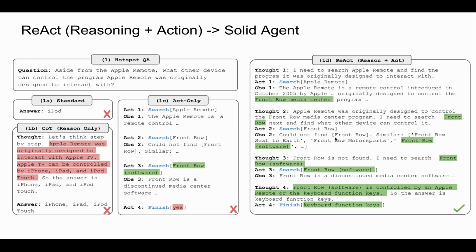Then you can't find the keyword Front Row, but you can find some software, and you think this is the most similar relevant keyword, and then you start doing that, and in the end you can actually find the right answer: keyboard function keys.